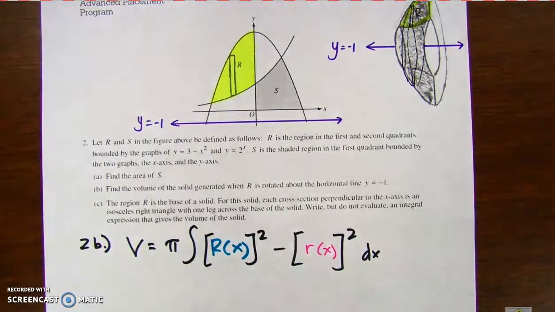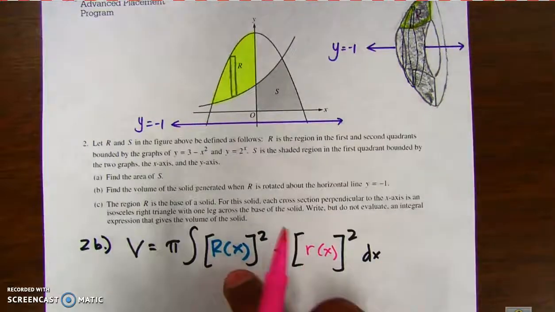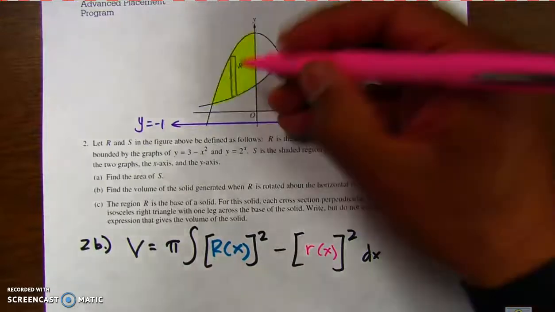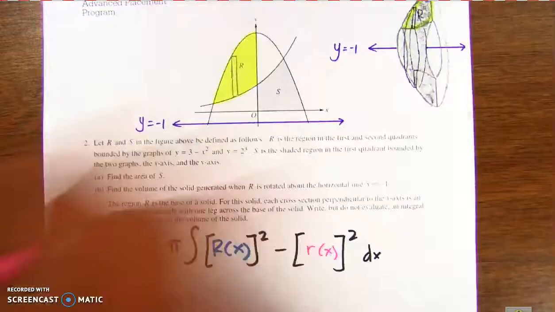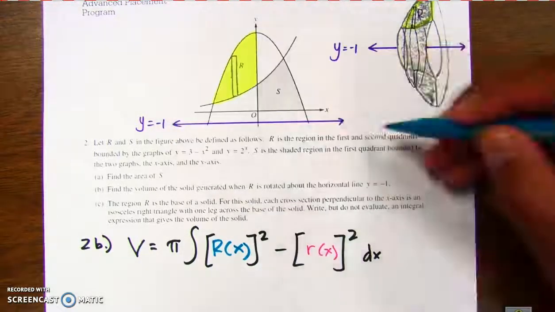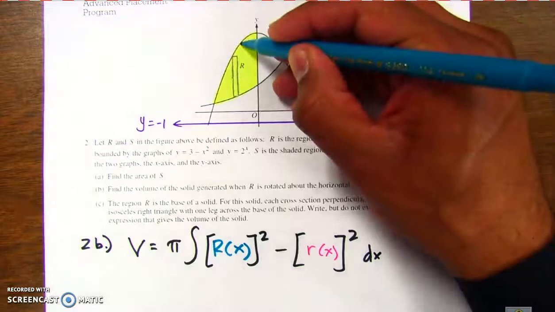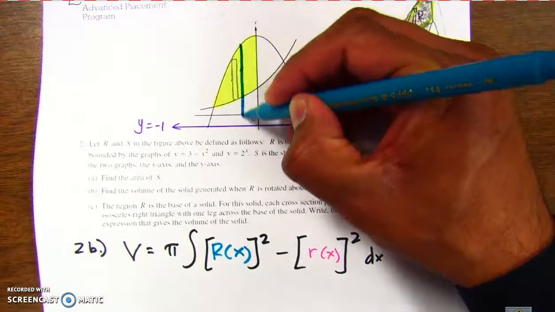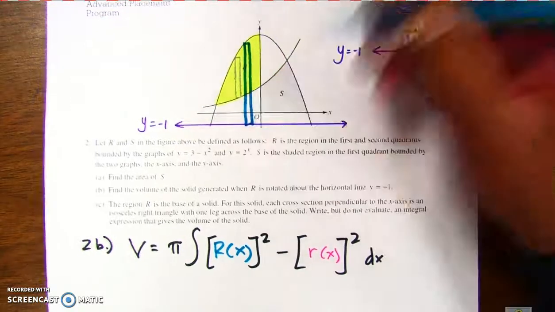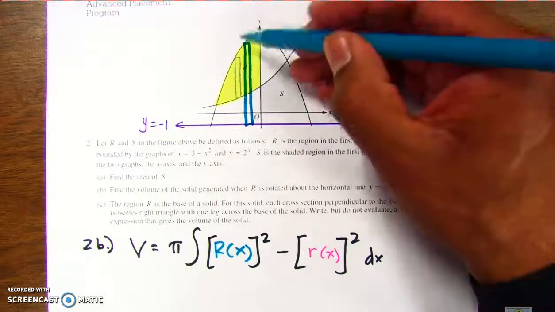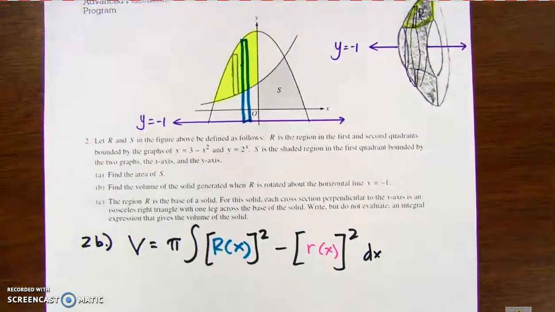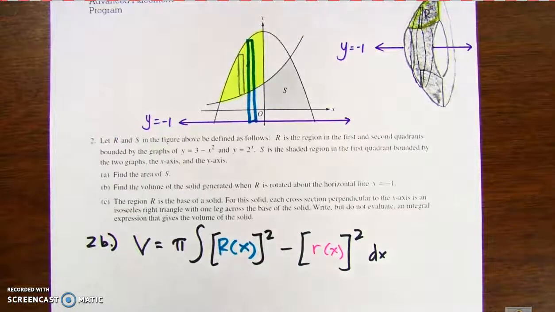So to find the functions for capital R and little r, you're going to create rectangles that will definitely border the axis of revolution, y equals -1 in this case. So capital R goes from the highest function, which happens to be 3 minus x squared, all the way to the axis of revolution, which is y equals -1.